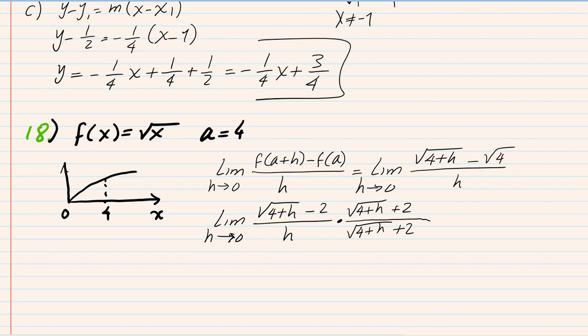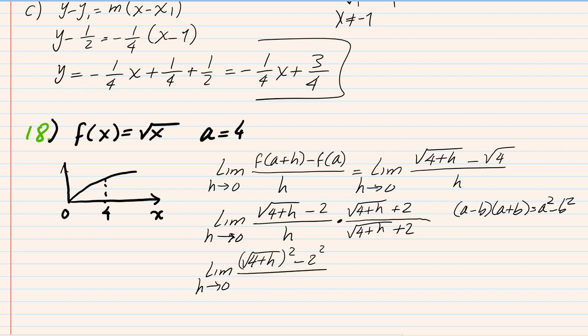In the numerator we have a difference of two squares: a minus b times a plus b is a squared minus b squared, right? We know that. So we get 4 plus h, the square root of that squared, minus 2 squared, over the denominator, the square root of 4 plus h plus 2.